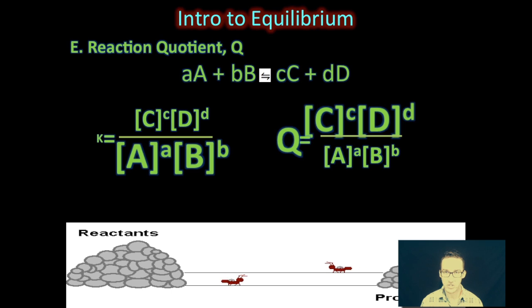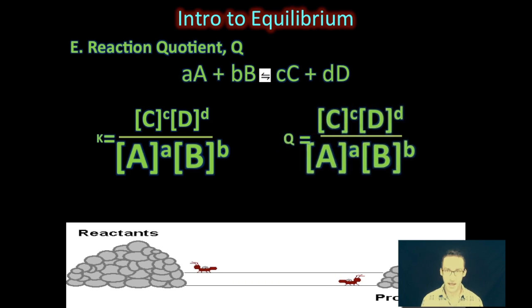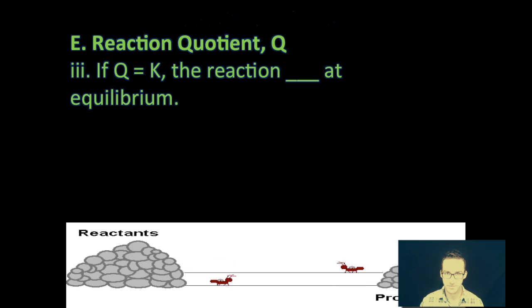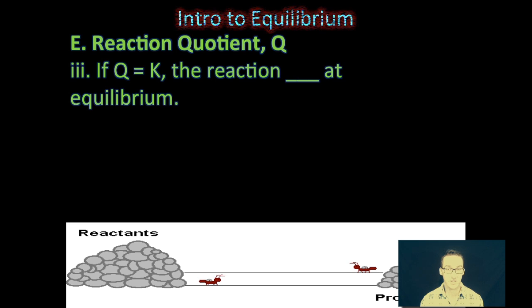And so in order to achieve equilibrium, when Q is greater than K, I'm going to push towards, or favor, the formation of those reactants so that I reach equilibrium. And then, of course, if Q is equal to K, you are already at equilibrium.